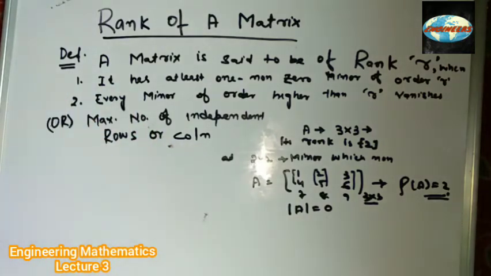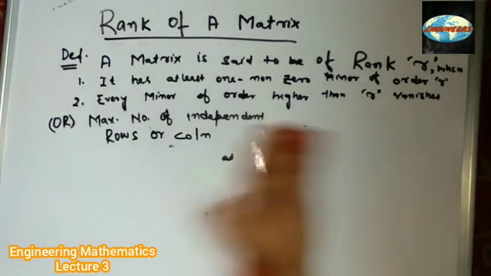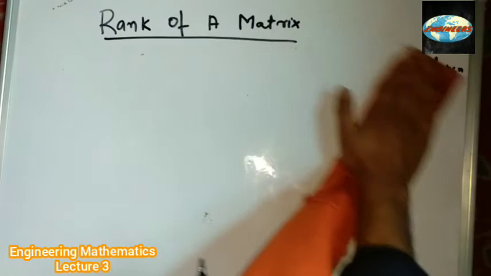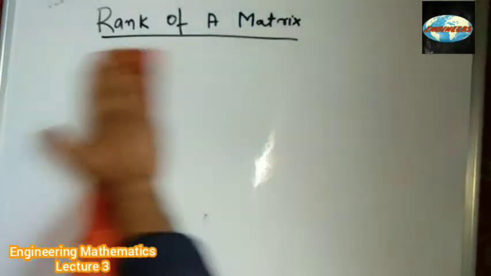So this is the basic definition. Now we will see some properties of the rank of a matrix, then we will solve some questions so you will get an idea what exactly the rank of a matrix is by solving some numericals.